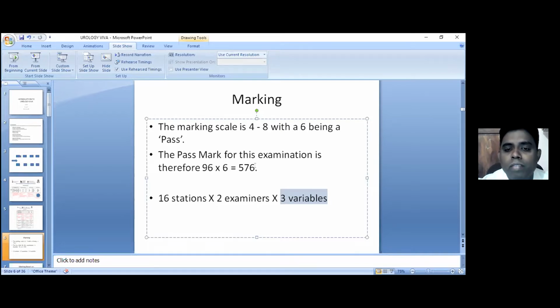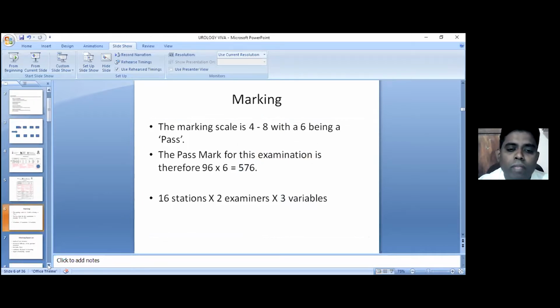That's 576. So your pass mark is 576, right? Somehow, if in one station you get 7 and in another station you get 5, you pass. So don't worry about not doing well in one station. Overall, if you get 576, you pass, right?